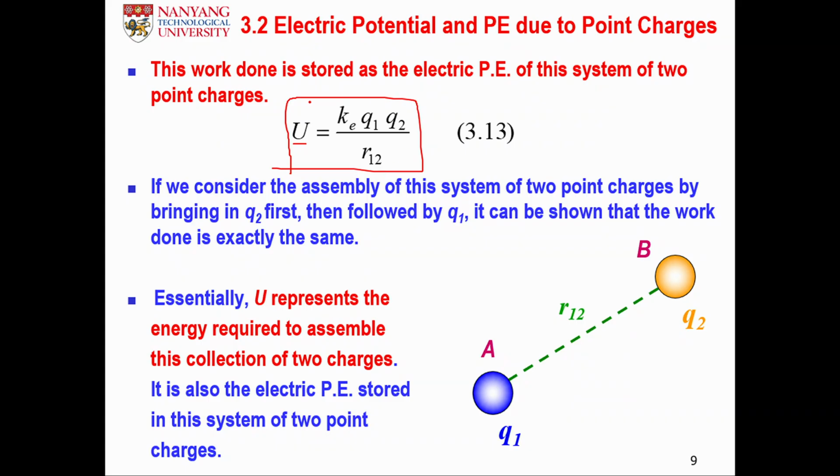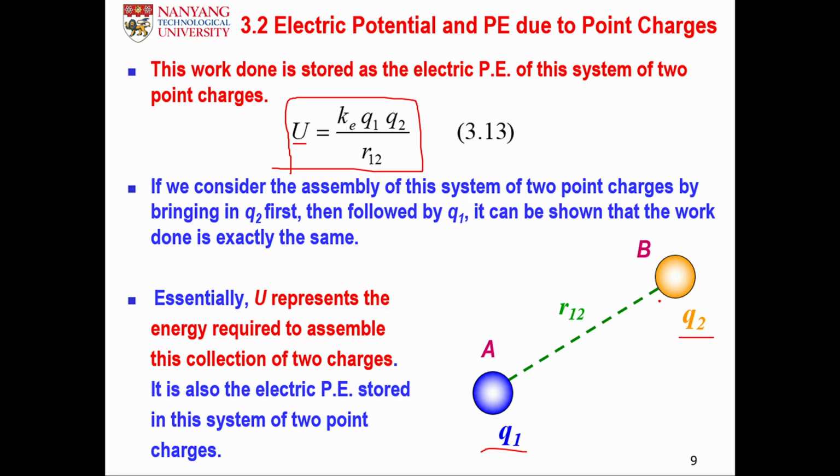So how is this derived? Let's consider a two-charge system, Q1, Q2. Initially, we put both charges infinitely far away. If they are infinitely far away, we can consider the electrical potential energy between them to be 0, right?